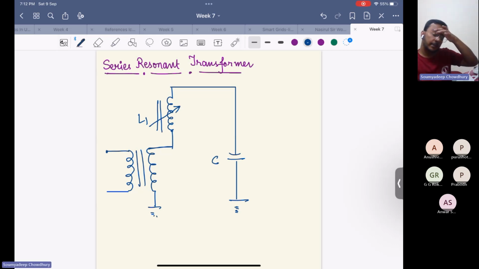So this is basically the actual circuit of a series resonant transformer. Here we have the input and we are feeding it to a transformer, which is connected to an adjustable inductance and a load capacitance.